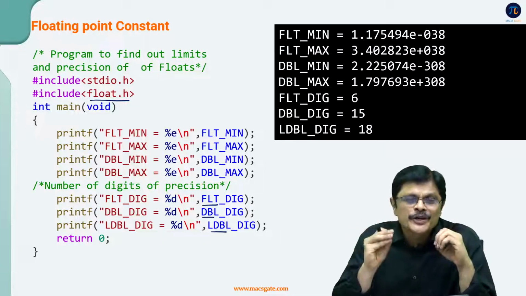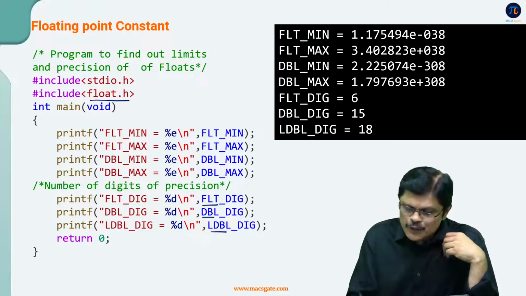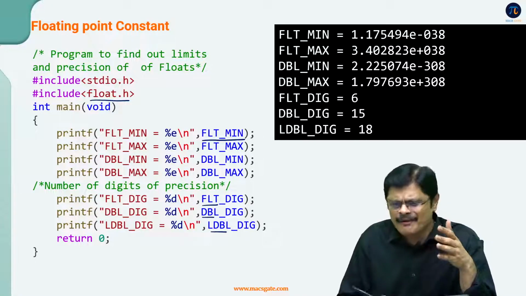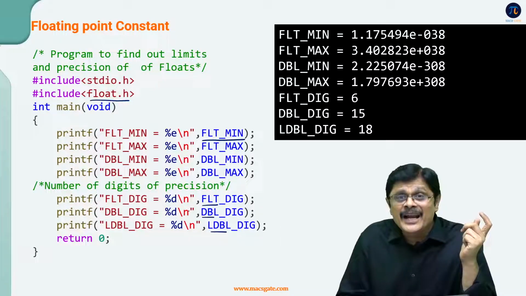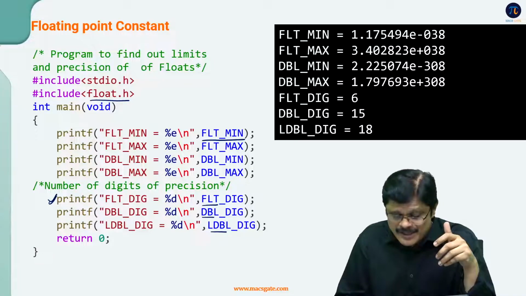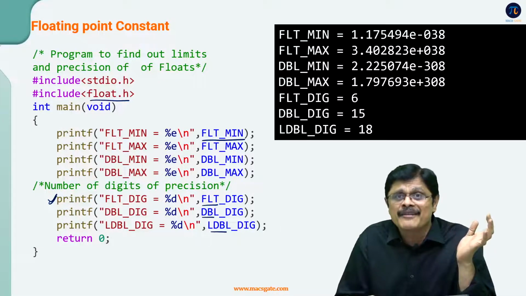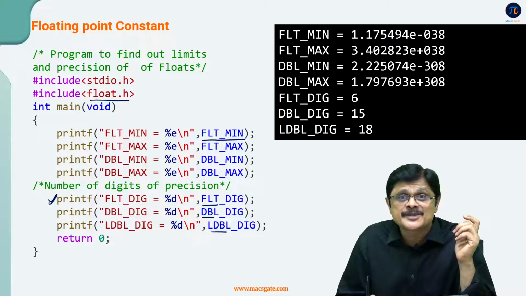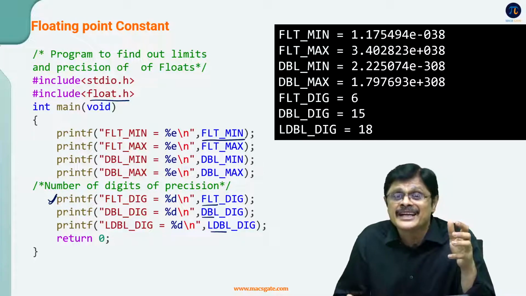If you include it in your file and use these macros, you can know the minimum and maximum values for float, double, and even long double, and also the digits of precision. In my machine, float has 6 digits precision, double has 15 digits precision, whereas long double has 18 digits precision.